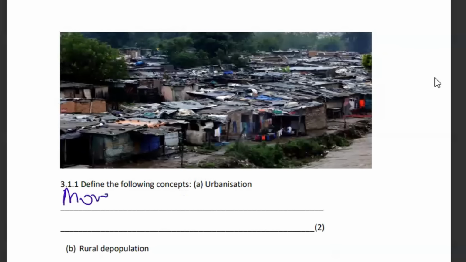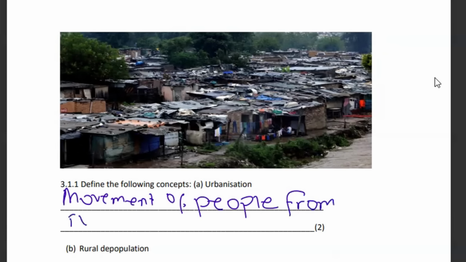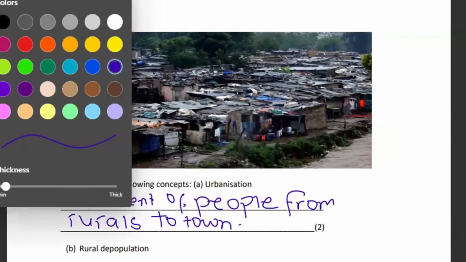So it's the movement of people. When people move from rural areas like villages and farms to towns, it's called what?